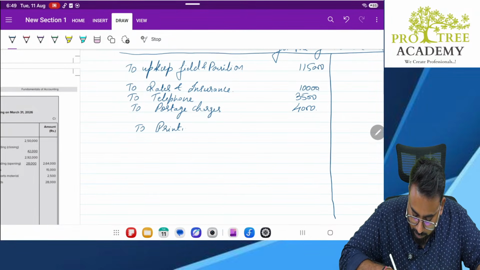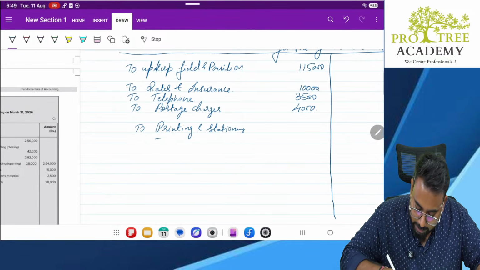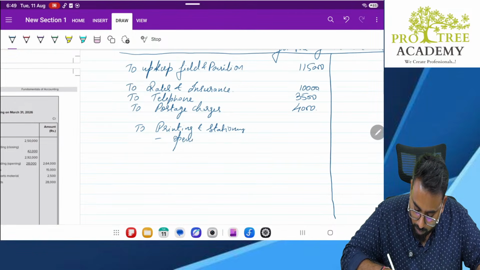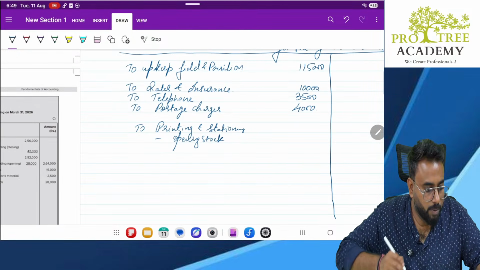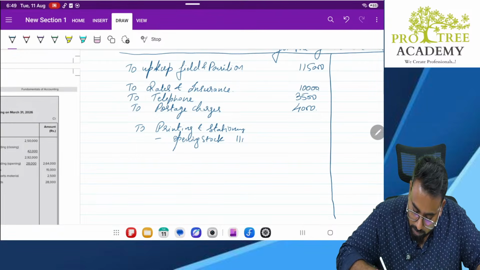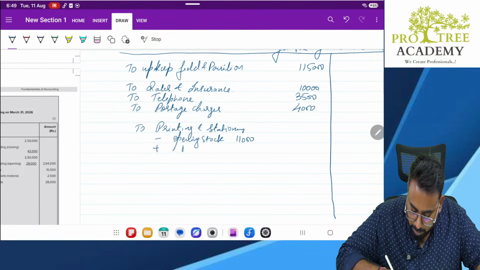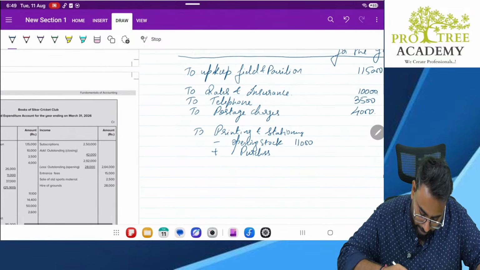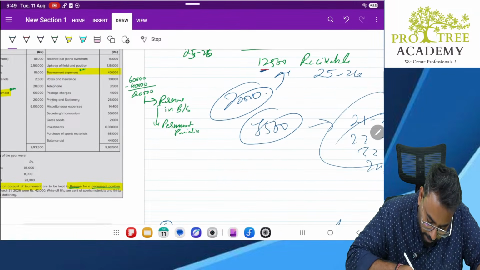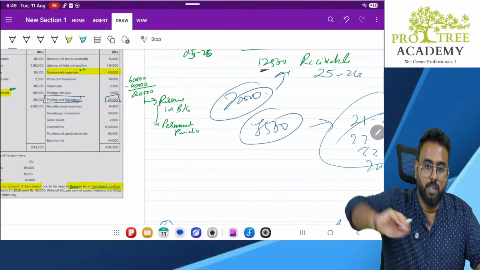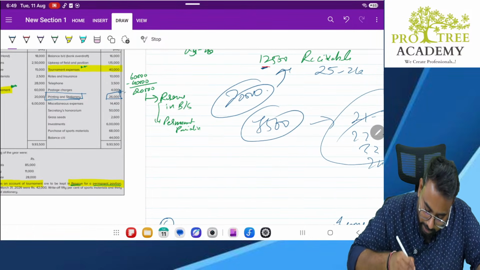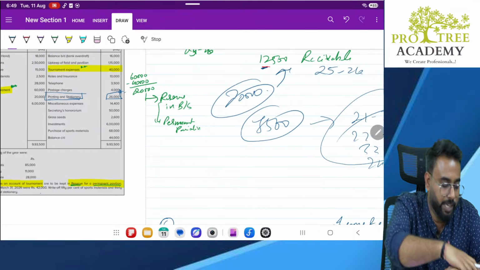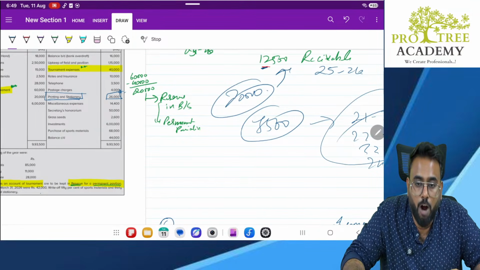Next comes printing and stationery. Printing and stationery has an opening stock. How much is the opening stock? 11,000, plus purchases. The purchase is nothing but your printing and stationery coming here. This will be considered as our purchases. Sometimes they will give you in the narration printing and stationery outstanding payment.